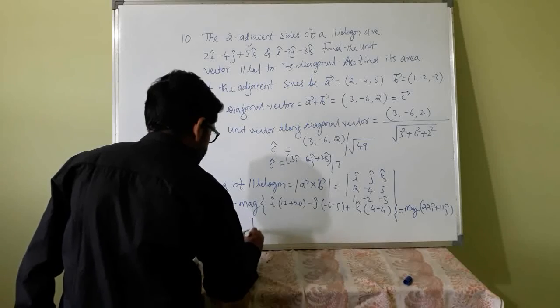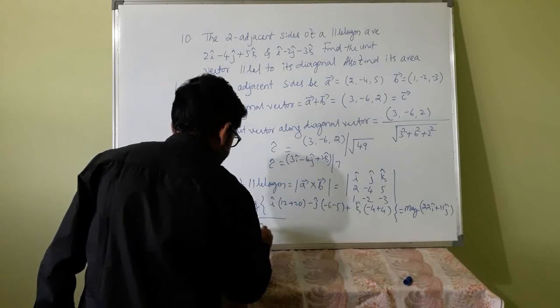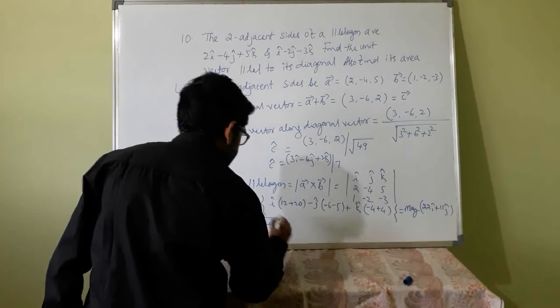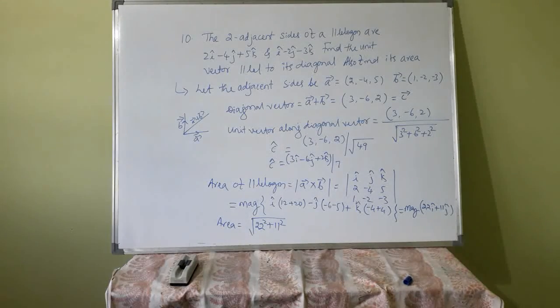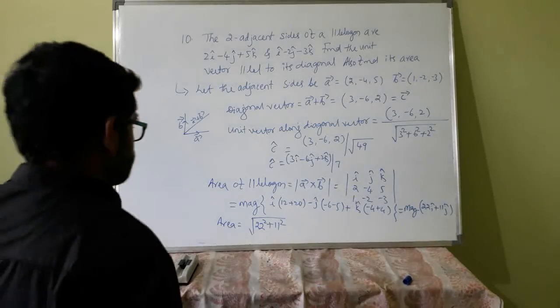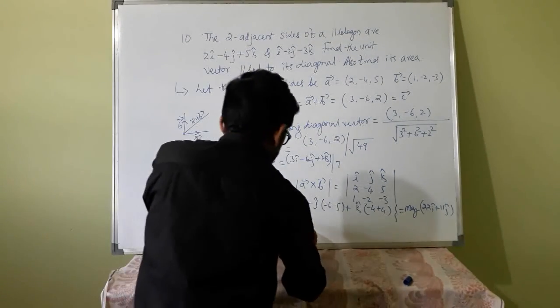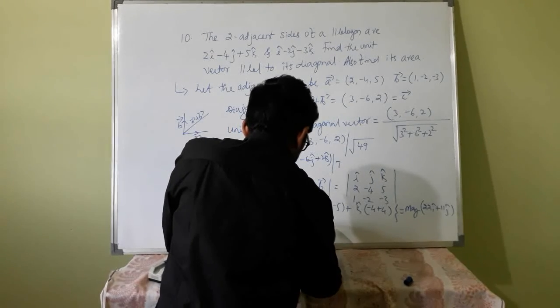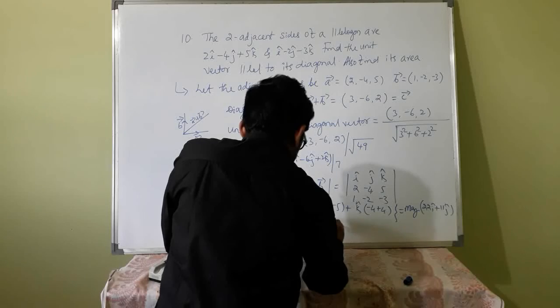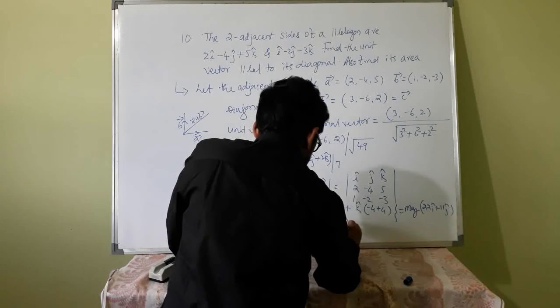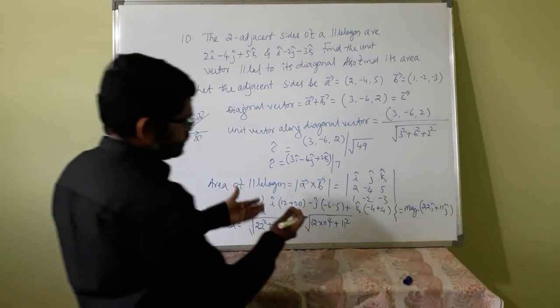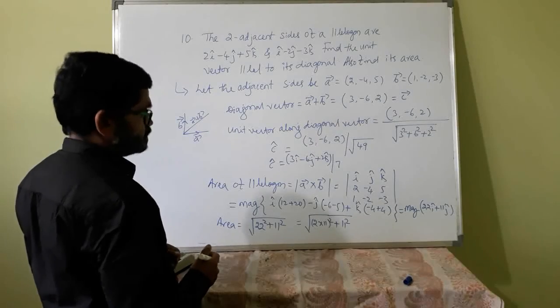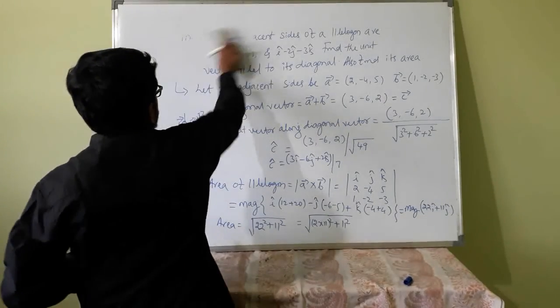Therefore the area is equal to square root of 22 square plus 11 square units. Okay, see how to simplify this. This is nothing but 2 into 11 squared plus 11 squared.